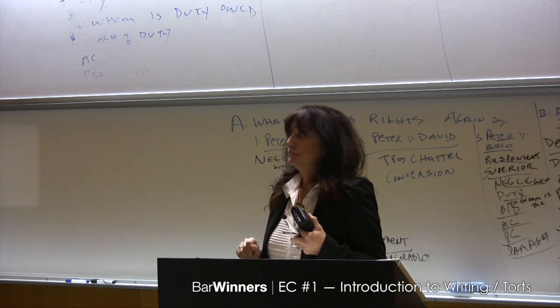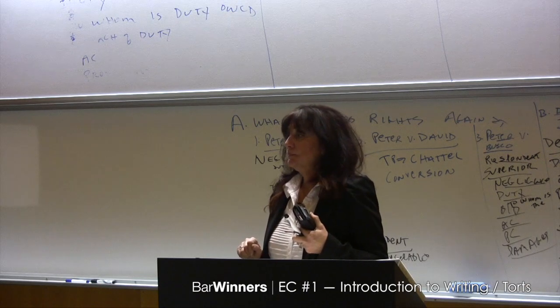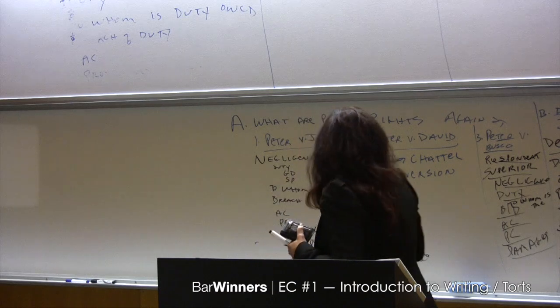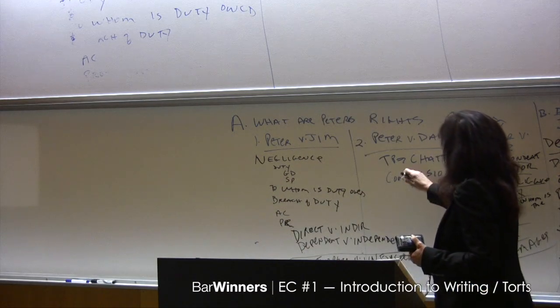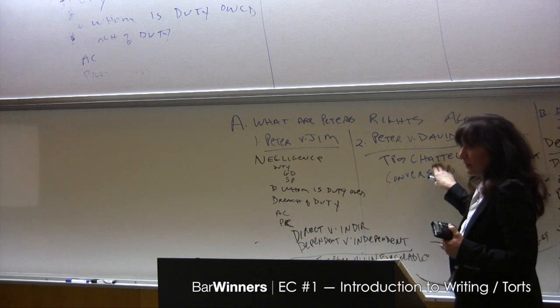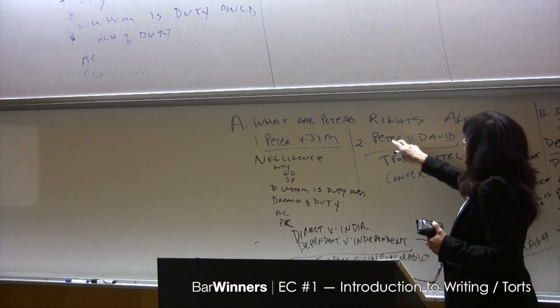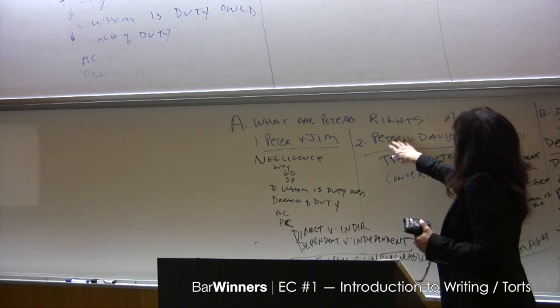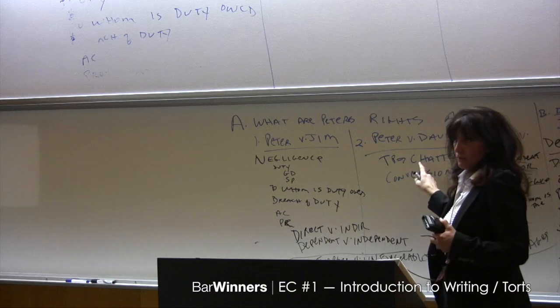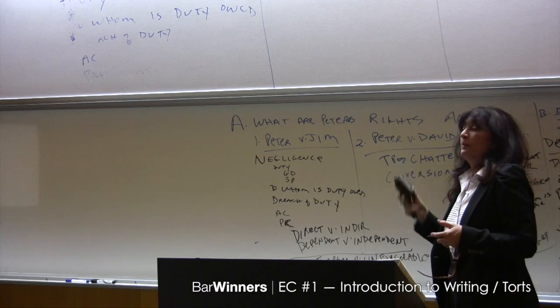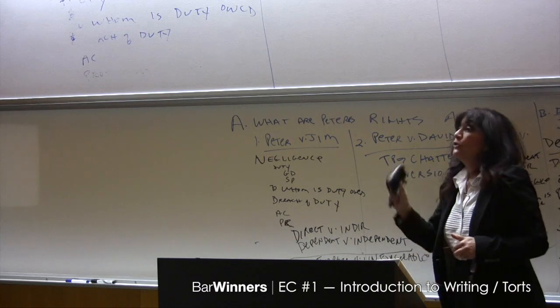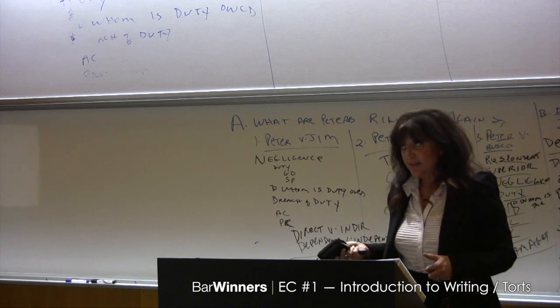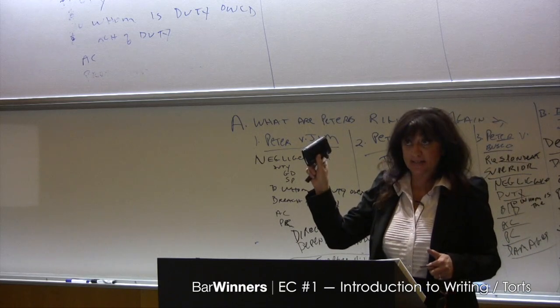Right. No. The question is, because we have a trespass to chattel here, it was mistaken. David thought the wallet was his own. He didn't intend to steal it. But for an intentional tort, you only need to intend to do the act. You don't need to intend the consequences.